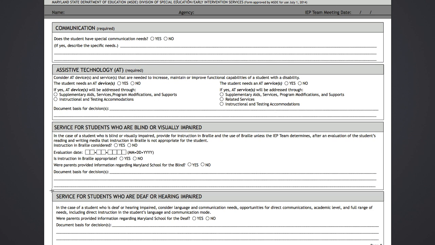This next section asks the IEP team to consider, for students who are deaf or hearing impaired, whether or not the language and communication needs of the child have provided opportunities for direct communication, academic level, full range of needs, including direct instruction in the child's language and communication mode. And so really the IEP team is asked to consider the child's mode of communication and whether or not the parents have been provided information about Maryland School for the Deaf.